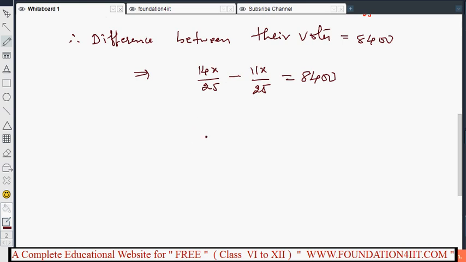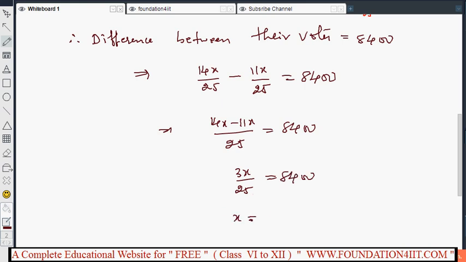So x is nothing but the number of votes polled. 14x minus 11x by 25 equals 8,400. 3x by 25 is equal to 8,400. Now from this, x is equal to 8,400 into 25 by 3.